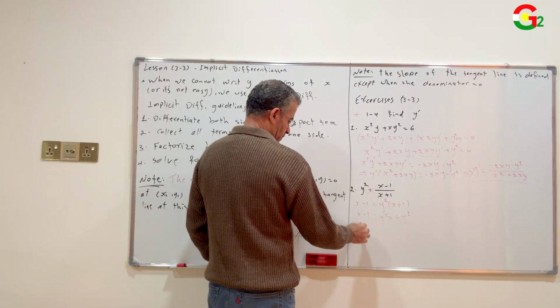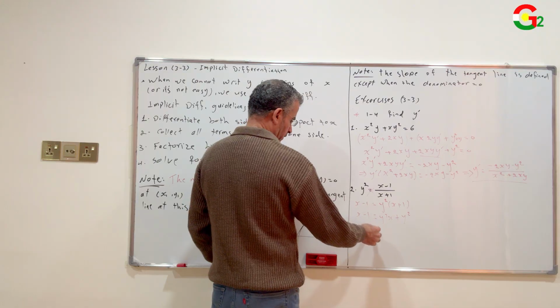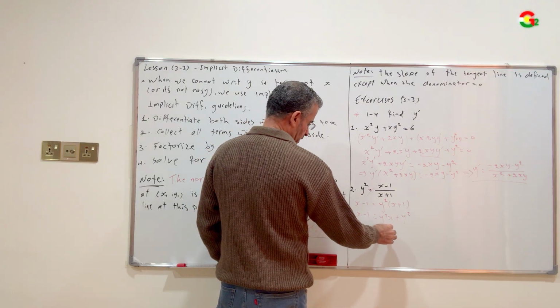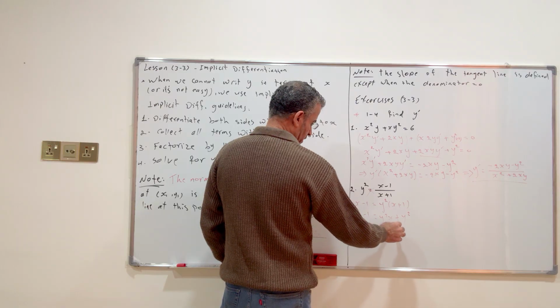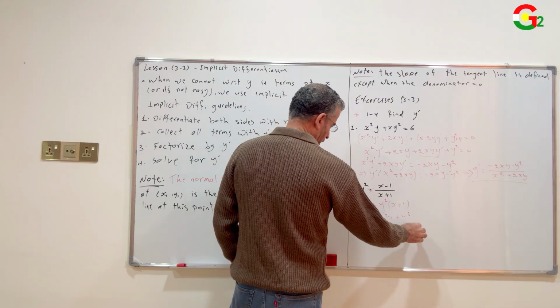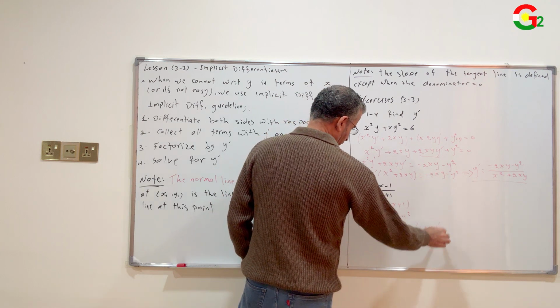Differentiate both sides with respect to x. Derivative of x is 1, derivative of negative 1 is 0, equal to the first one times the derivative of the second one plus the second one times the derivative of the first one: 2y y prime plus 2y y prime.